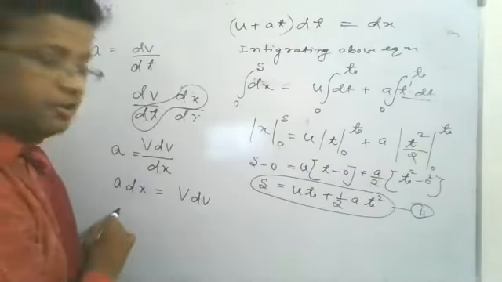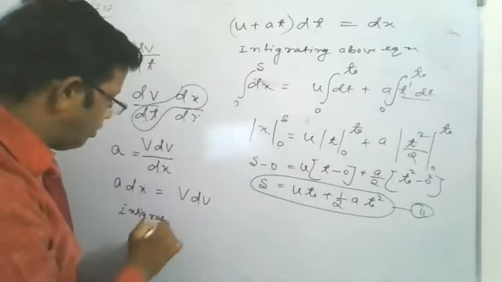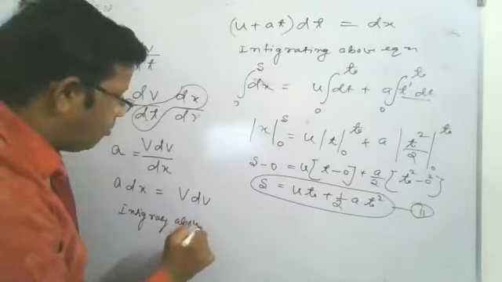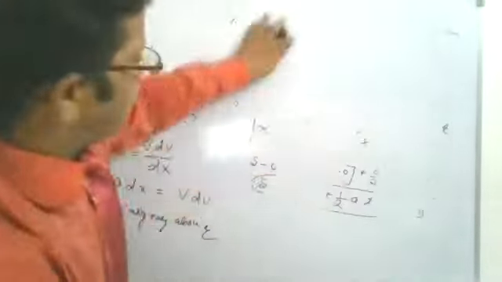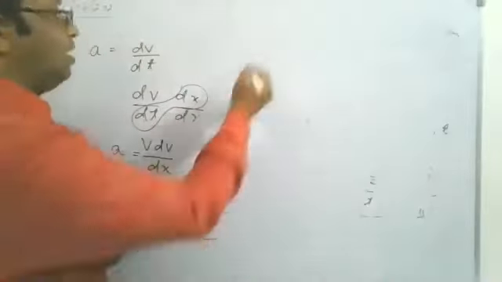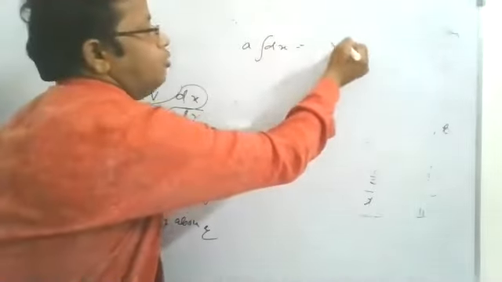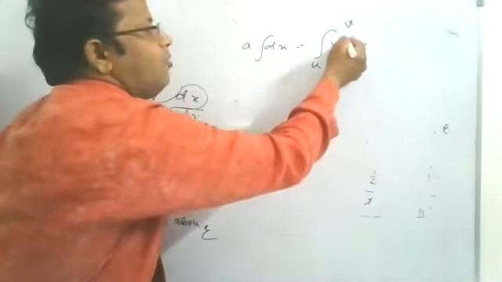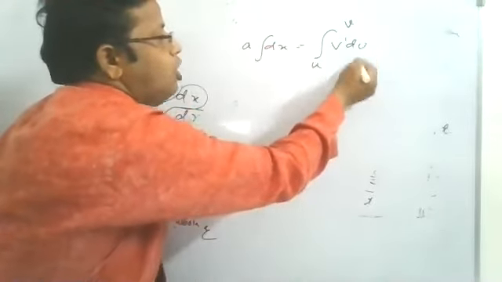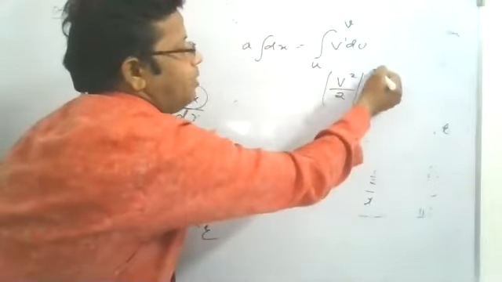Now again integrating above equation. बेटा क्या करेंगे इससे? Listen here, a into a constant, take it outside, v into dv, change in velocity from u to v. Beta, what is the power? 1, so power becomes 2, increase 1 by 2, lower limit u, upper limit v.